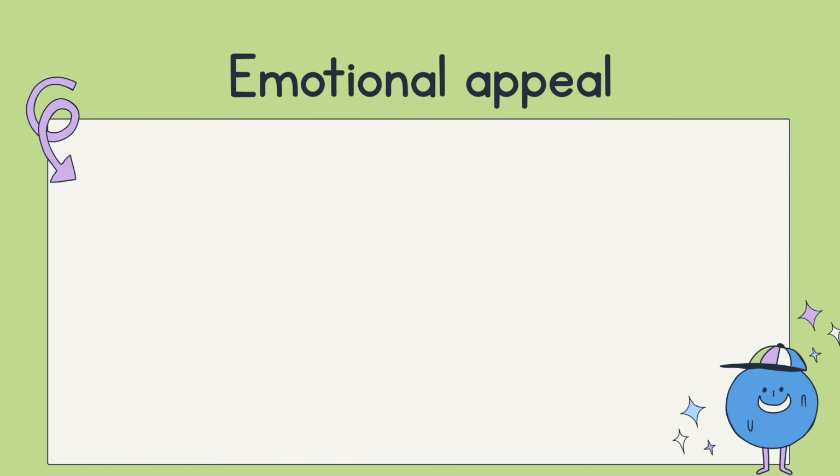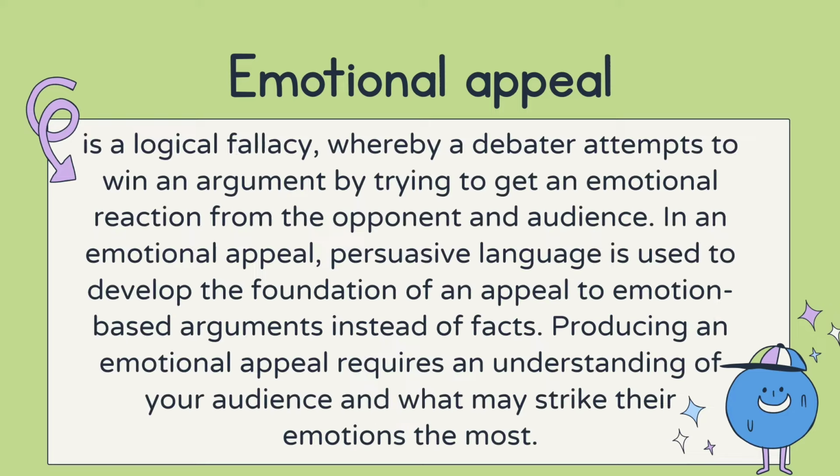Lastly, we have emotional appeal. It is a logical fallacy whereby a debater attempts to win an argument by trying to get an emotional reaction from the opponent and audience. In an emotional appeal, persuasive language is used to develop the foundation of an appeal to emotion-based arguments instead of facts.